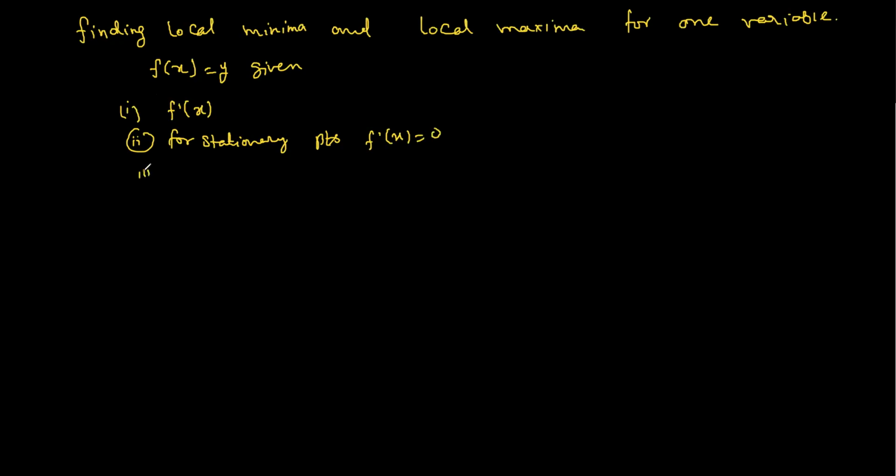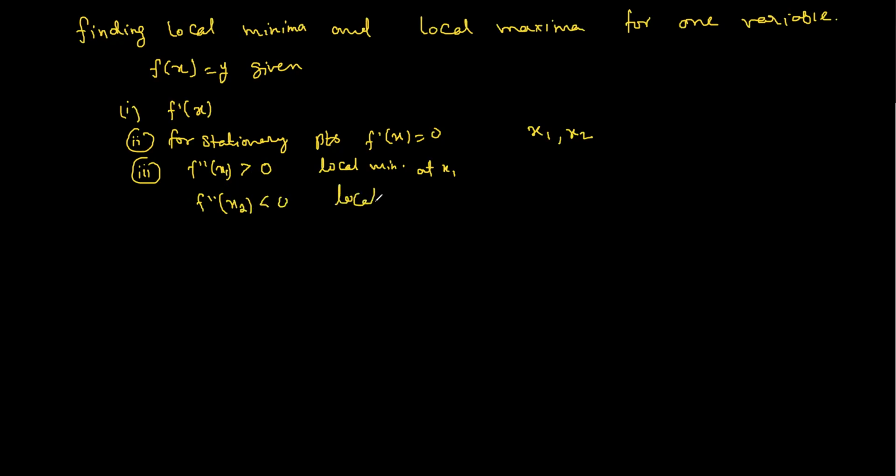Understood? Okay. Now find second derivative. Let's suppose stationary point is x1 and x2. It can be two variable, three variable, right? If f double dash x1 is positive, then you will get local minima at x1. Understood?